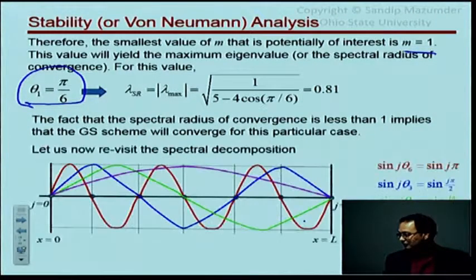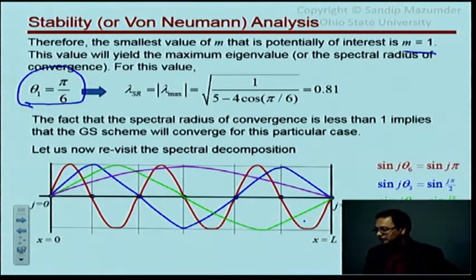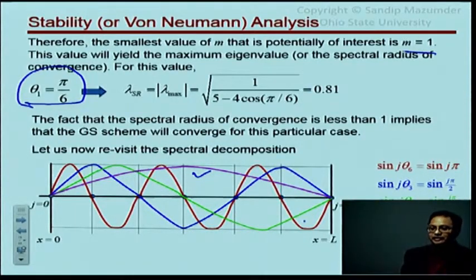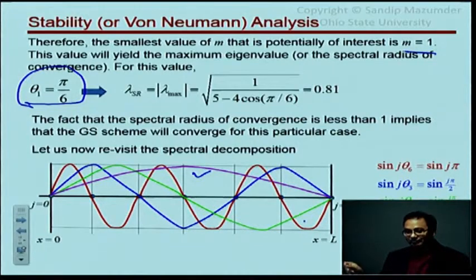Now let's look at it pictorially for a moment. What is this theta 1 or pi over 6 wave? It's this guy here, the pink one. If you start thinking about strings vibrating, that pink one is the freest string because it is not anchored anywhere except the boundaries.